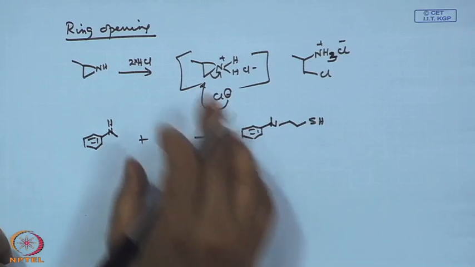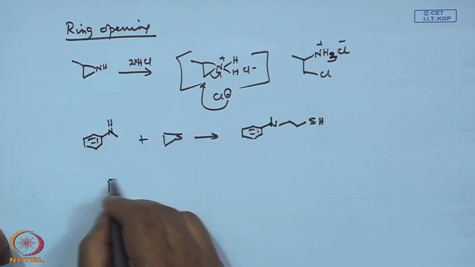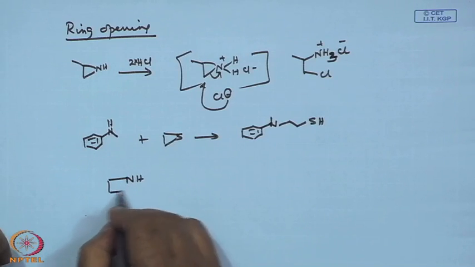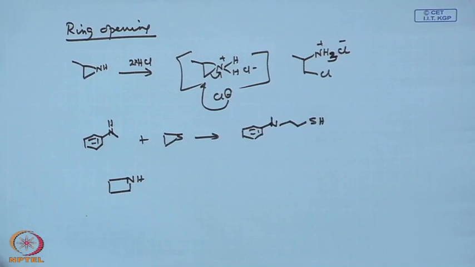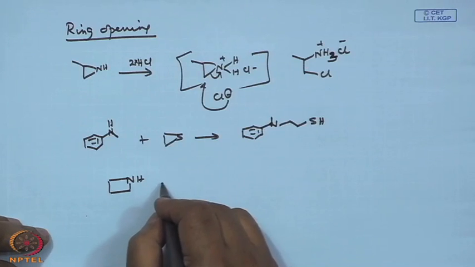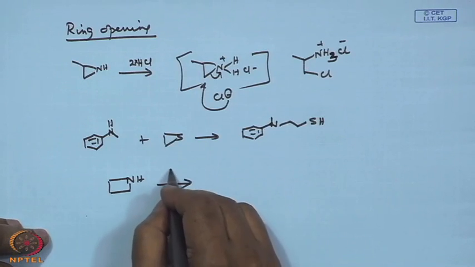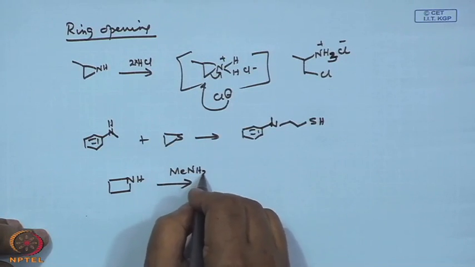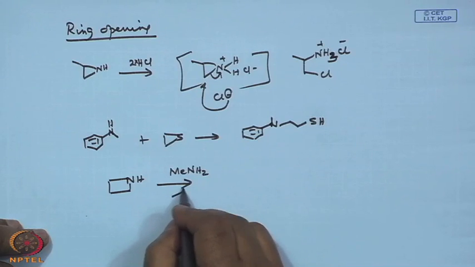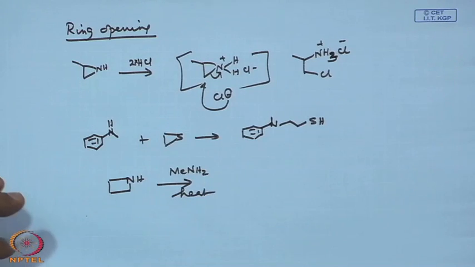This is not restricted to 3-membered rings. If you have, let us say, azetidine, a 4-membered ring, take methylamine and just heat it. That means amine and amine.